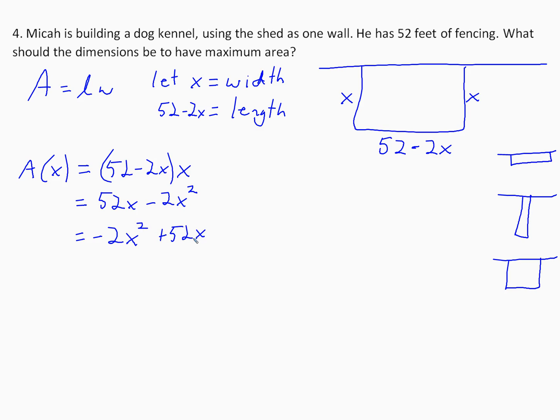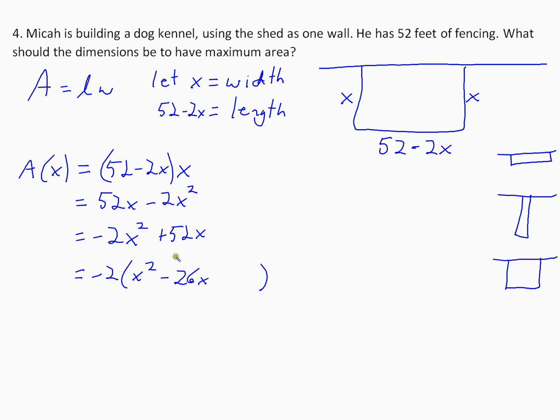And now we're going to work on completing the square. The first thing we need to do here is factor out a negative 2. Factoring out a negative 2 gives us x squared minus, dividing 52 by negative 2, we get negative 26x. I'm going to leave a little space here and put parentheses. And then we're going to complete the square.